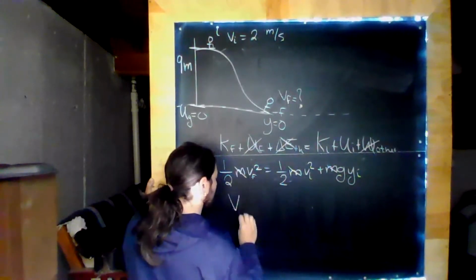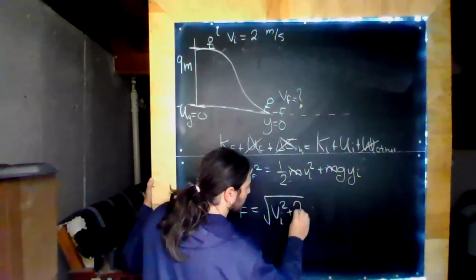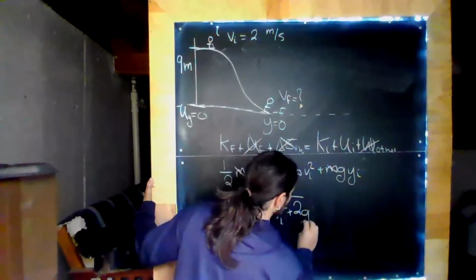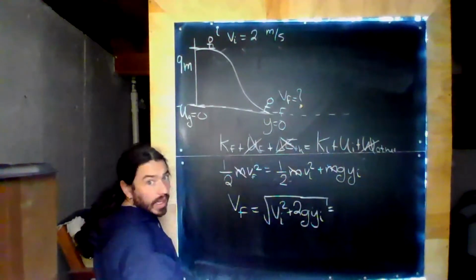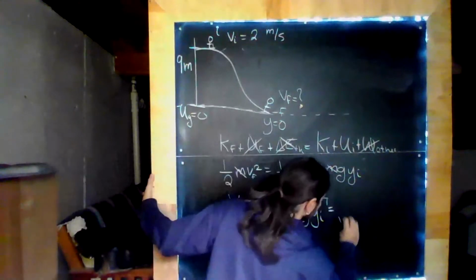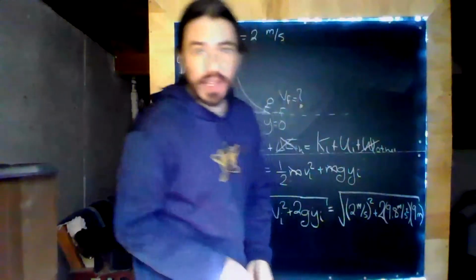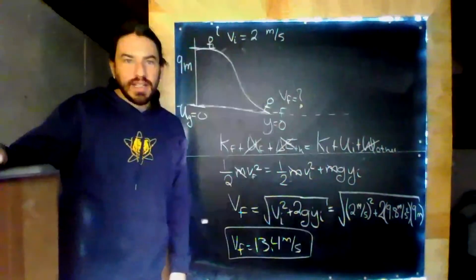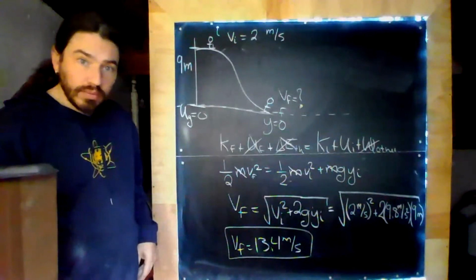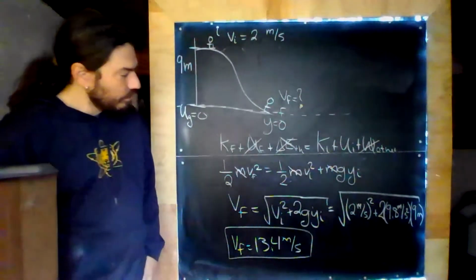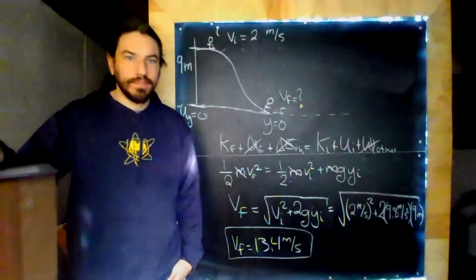And I do my algebra, and I get v final equals the square root of v initial squared plus 2 g y initial. And so now I can plug in my numbers, and I get, so there we have my numbers plugged in, and now I run my calculator, and I got 13.4 meters per second. Not too bad. Not too bad.